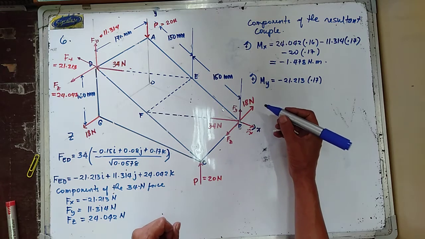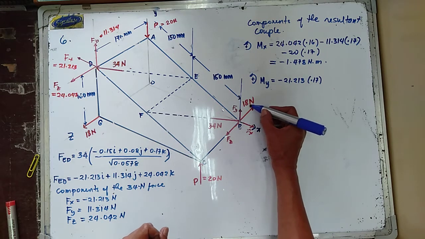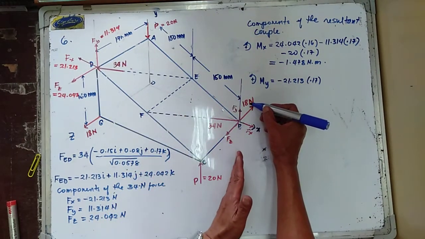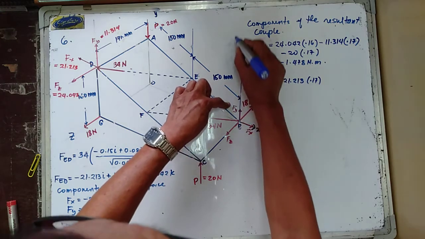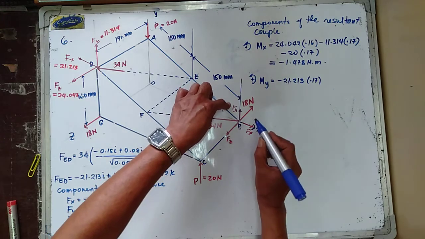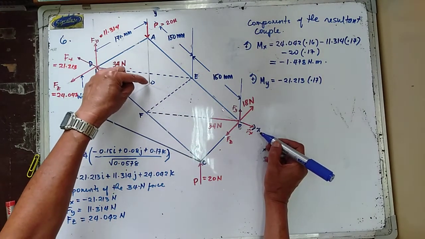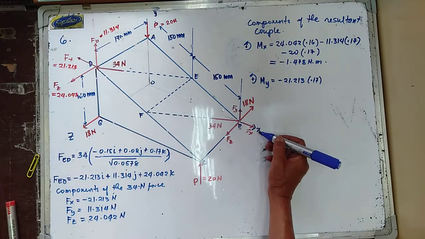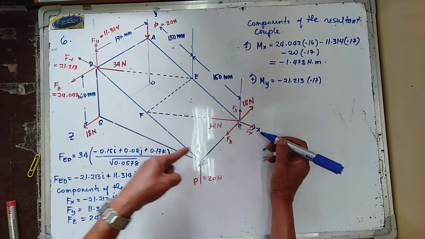Now, the 18 newton is parallel to the y-axis, no moment. Your Fy in here is still parallel to the y-axis, so it has no moment. Your Fx in here intersects the y-axis, and therefore it has no moment.